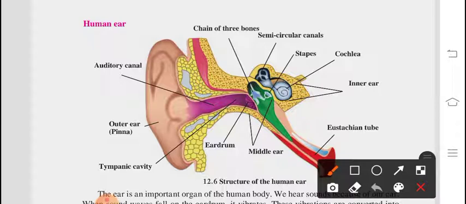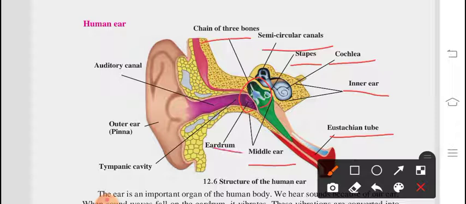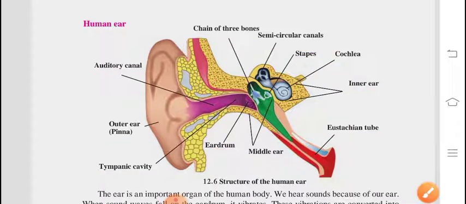We will start with the chain of 3 bones, semicircular canals, stapes, cochlea, inner ear, eustachian tube, middle ear, eardrum, tympanic cavity, outer ear, which we are saying as pinna, and auditory canal. So these all are the parts of our ear.